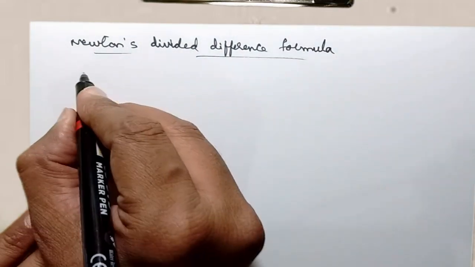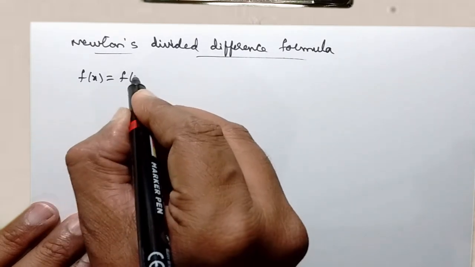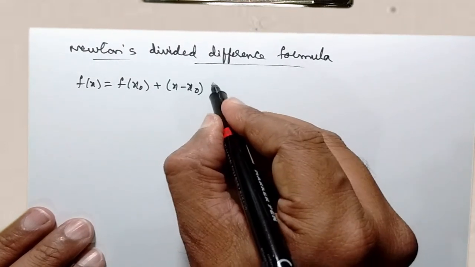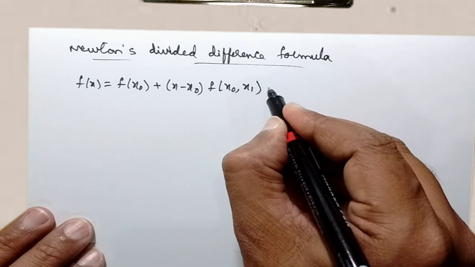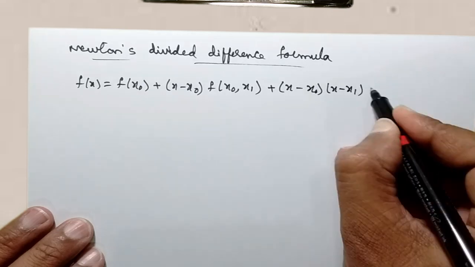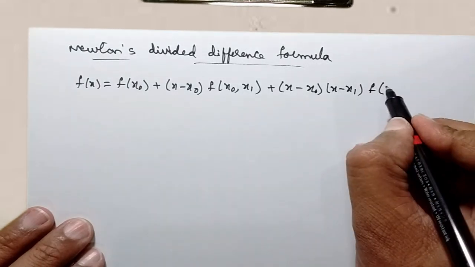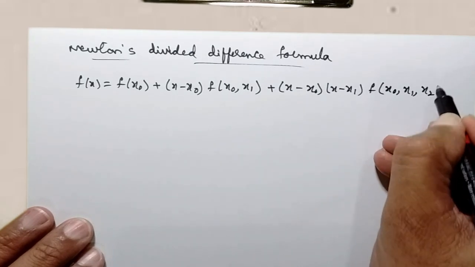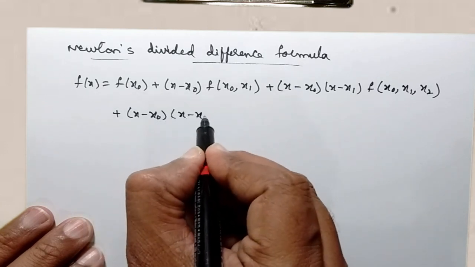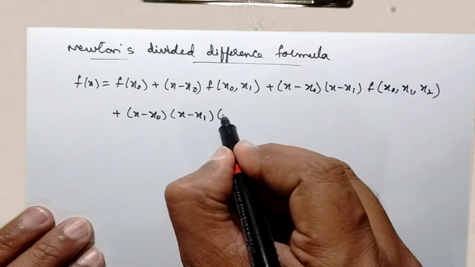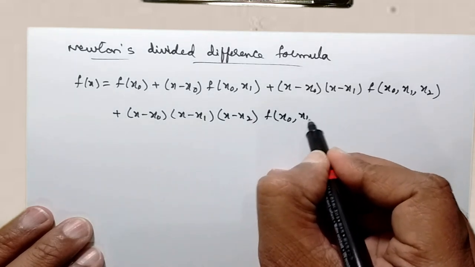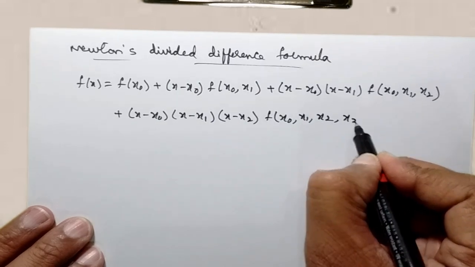So you have the formula: f of x is equal to f of x0 plus x minus x0 into f of x0 x1 plus x minus x0, one more term, x minus x1 into f of x0 x1 x2 plus x minus x0, x minus x1, same as the previous, one more term will be included, x minus x2 into f of, these values will be the same, x0 x1 x2, and one more will be included, x3.